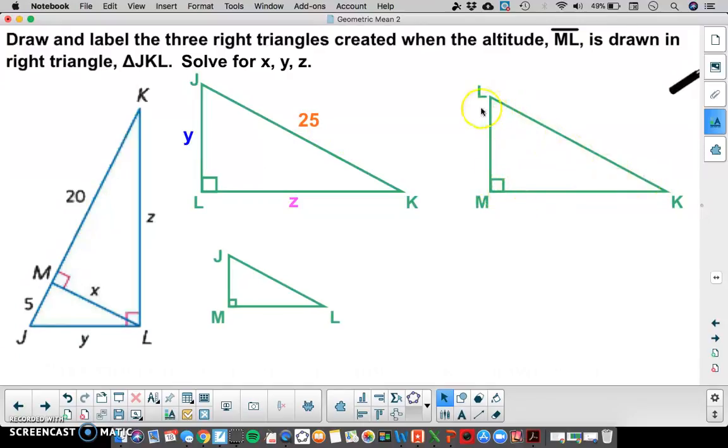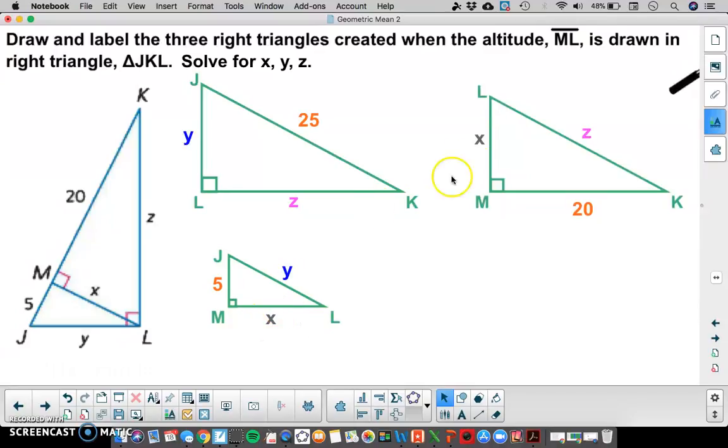In the middle-sized triangle, we have segment LM, which is X, segment MK, which is 20, and segment LK, which is Z. Notice that LK is the same as LK here. They're both the value Z. In the smaller triangle here, we have length JM, length ML, and length JL.